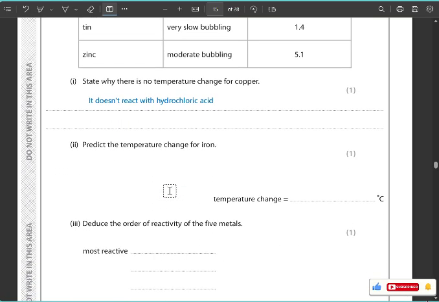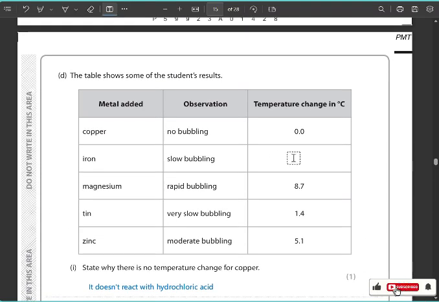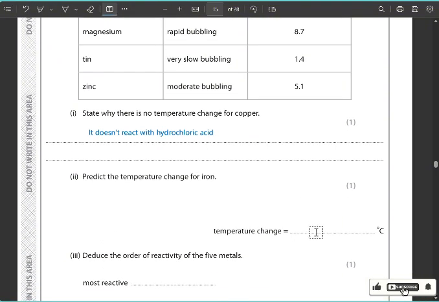Okay, the next one. Predict the temperature change for iron. For iron, it should be between 1.4 and 5.1. That's why we can put 3.